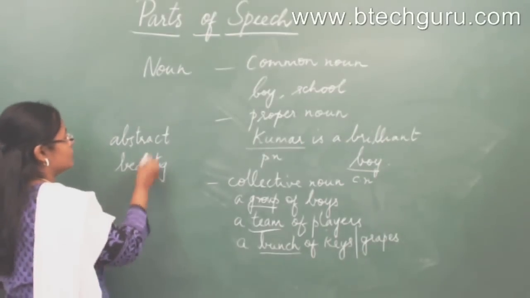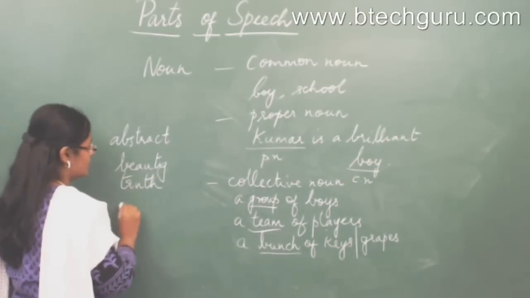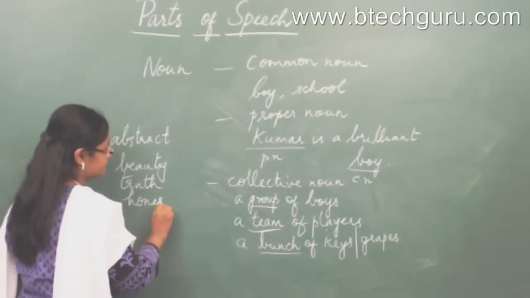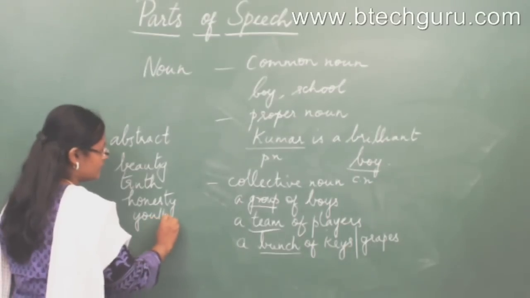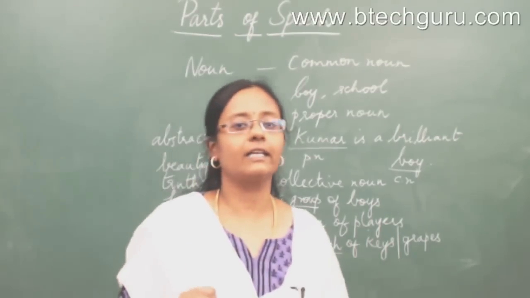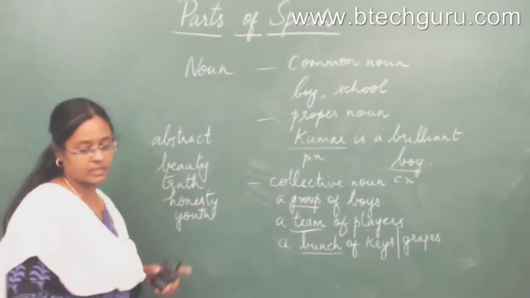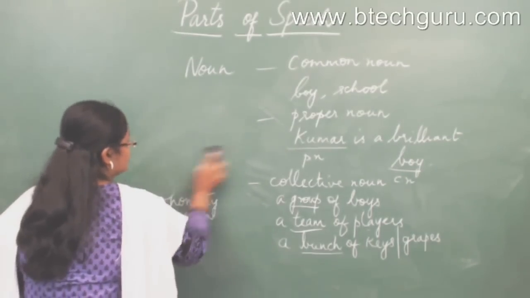So these are called abstract nouns. Beauty, truth, qualities, honesty, even youth. You can see young people, but youth you can only feel, right? They are abstract nouns. So that is all with kinds of nouns.